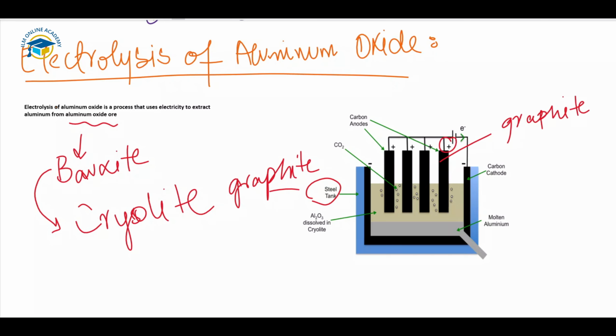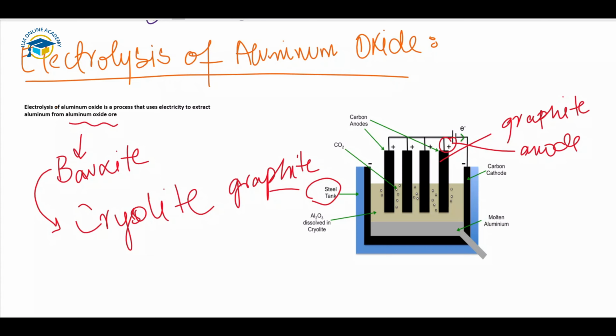As you can see here, the positive charge is present there, so these are the anode electrodes. The melting point of aluminum oxide is over 2000 degrees Celsius, and dissolving it in cryolite reduces it to between about 800 and 1000 degrees Celsius.